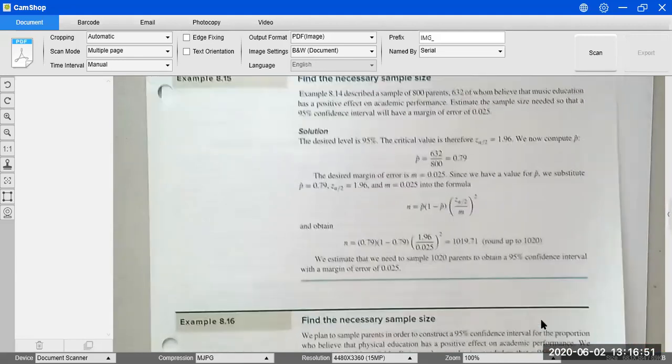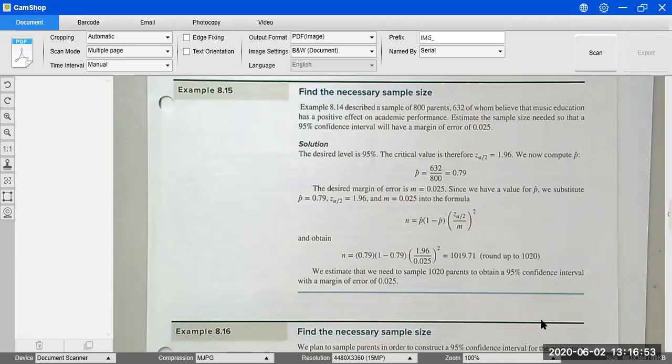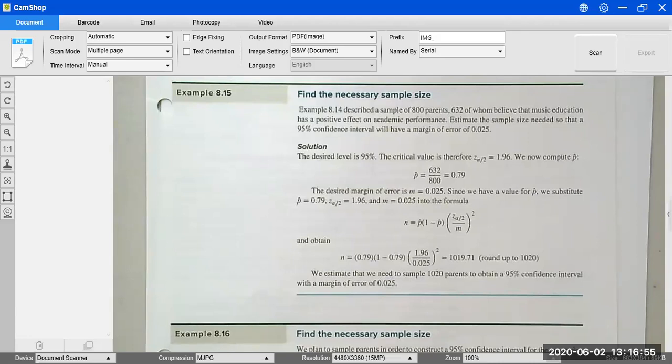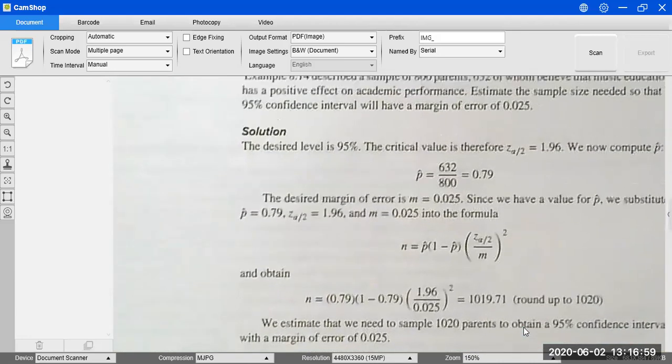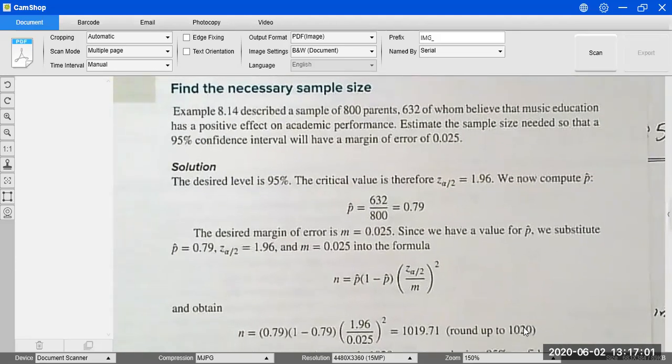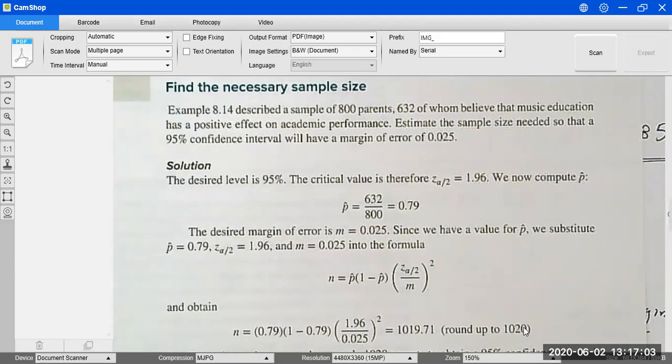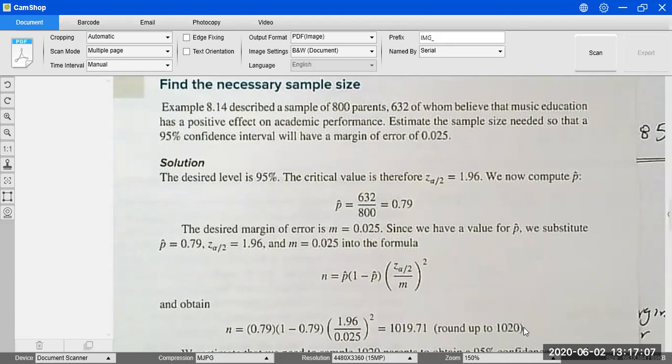So we have here example 8.15. In this example, they say example 8.14 described a sample of 800 parents, 632 of whom believe that music education has a positive effect on academic performance.